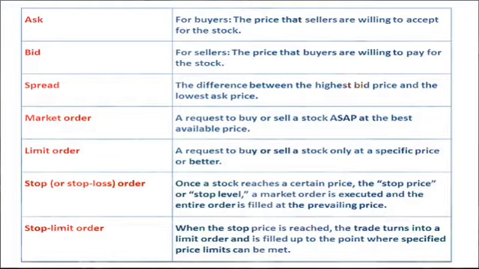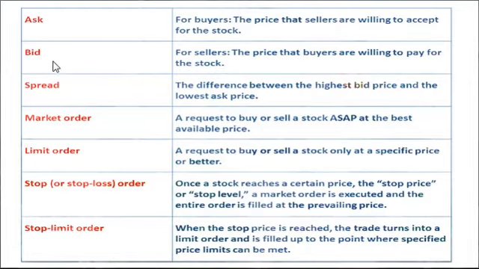What are the various types of orders at the time of purchasing or selling equity shares? Before placing an order, you must understand certain terms and their meanings carefully and perfectly. Here see the ask price. This is for buyers. Ask price means the price that sellers are willing to accept for the stock.